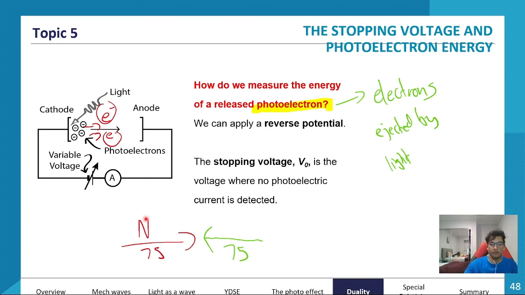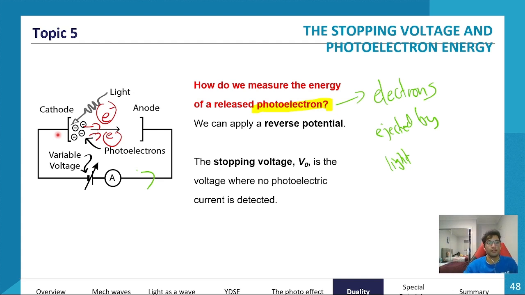They used a reverse potential. The current of the photoelectrons is going to the right, this way, clockwise. But with the reverse potential, the scientists induced a current going in the opposite direction. So they created a current going anti-clockwise. And they changed the voltage until there was no current.